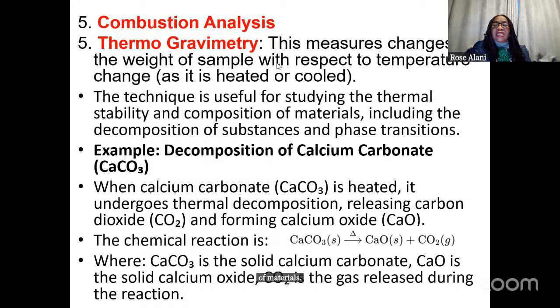I want to use an example here for you to see. The example of thermogravimetry is that of the decomposition of calcium carbonate by changing the temperature. In this case, you heat it. So when you heat calcium carbonate, it undergoes thermal decomposition and releases carbon dioxide, forming calcium oxide. So in this case, you can see the equation there.